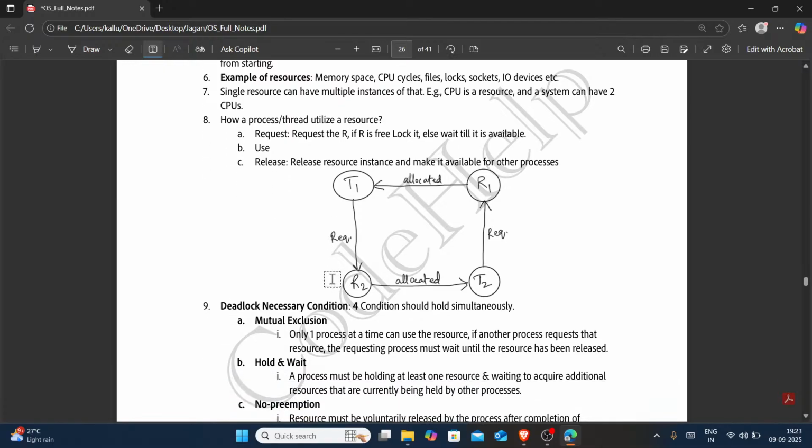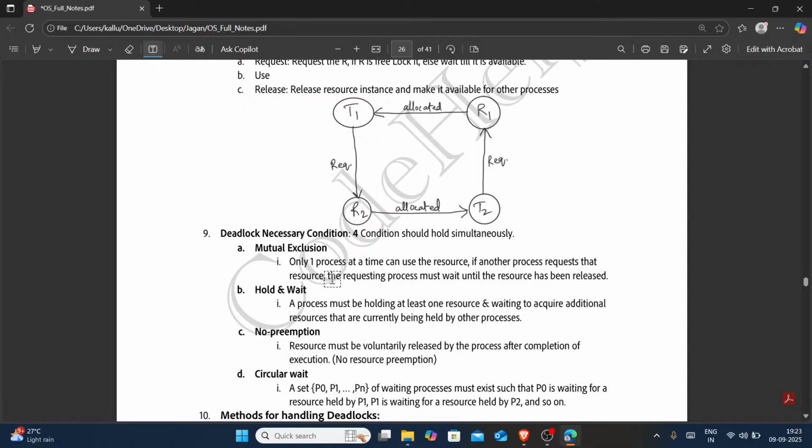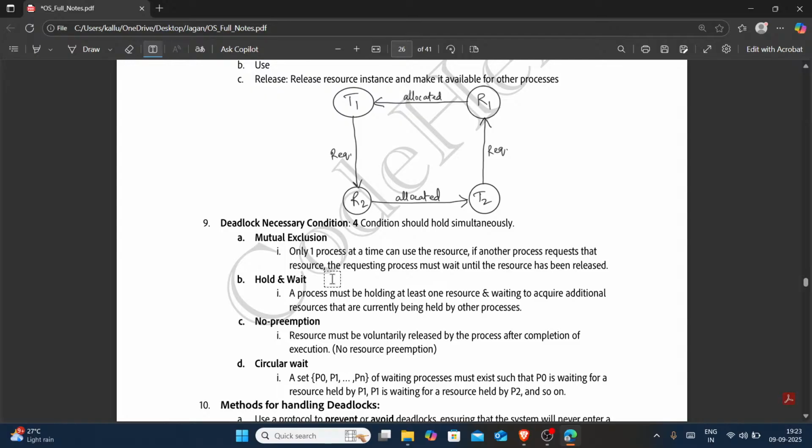Deadlock necessary conditions. There are four necessary conditions for deadlock, and these should hold simultaneously. These four conditions are necessary conditions, not sufficient conditions.